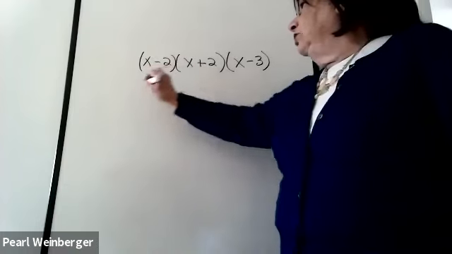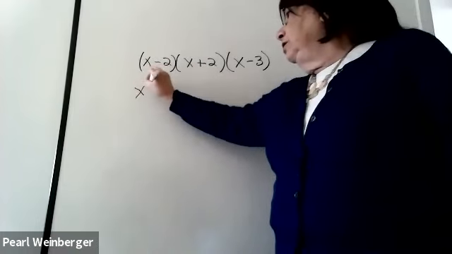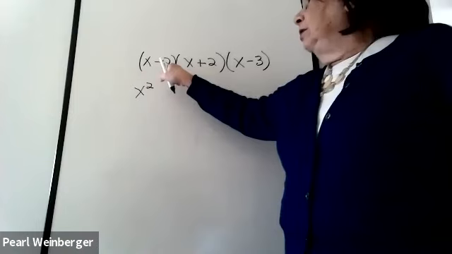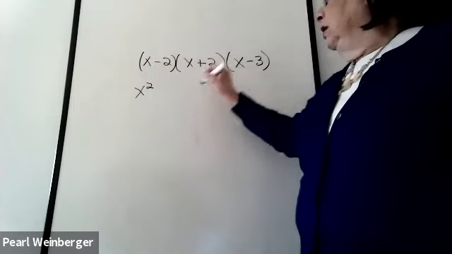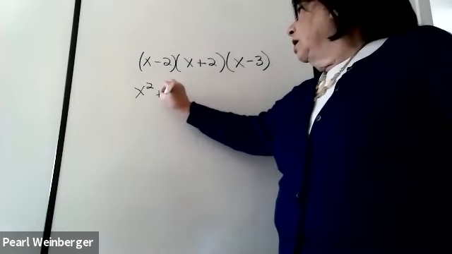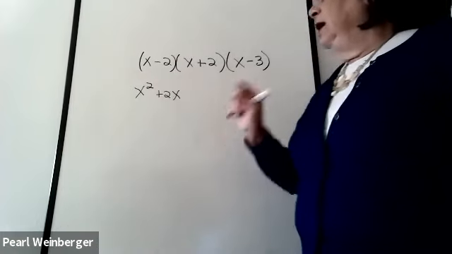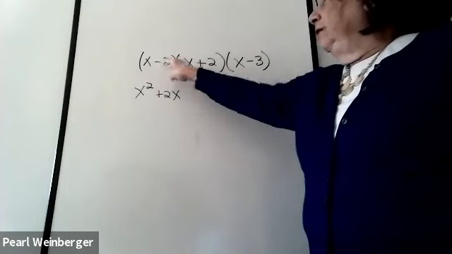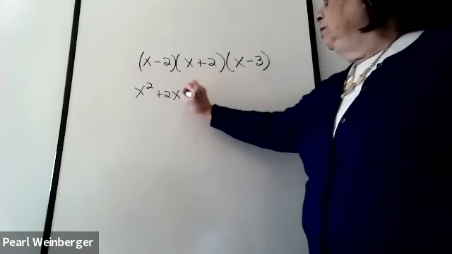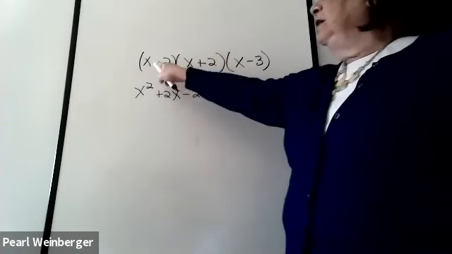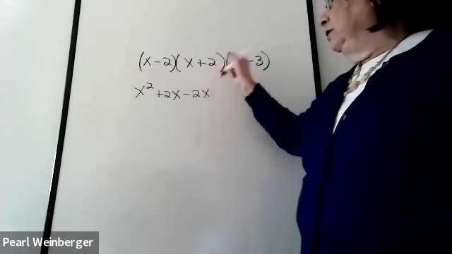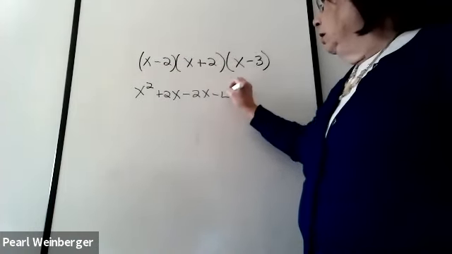X times x is x squared first. Outer, x times 2 is plus 2x. Inner, -2 times x is minus 2x. And finally, -2 times +2 is -4.